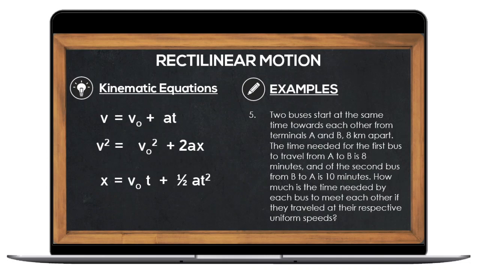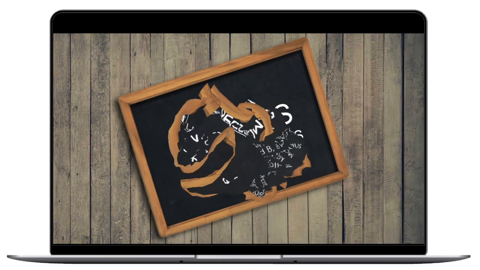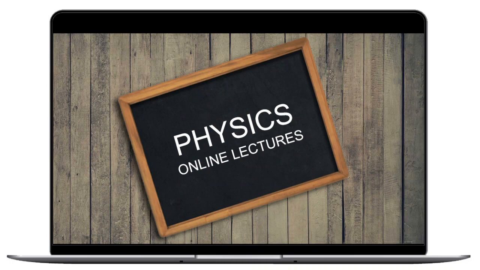So it depends on the statement of the problem. The use of these three kinematic equations, and rest assured, each of them will satisfy one another. Okay, the values that we solve using the kinematic equations will not contradict each other, whichever we use. So we will surely arrive at the same answer. So that's it for our lecture for today.